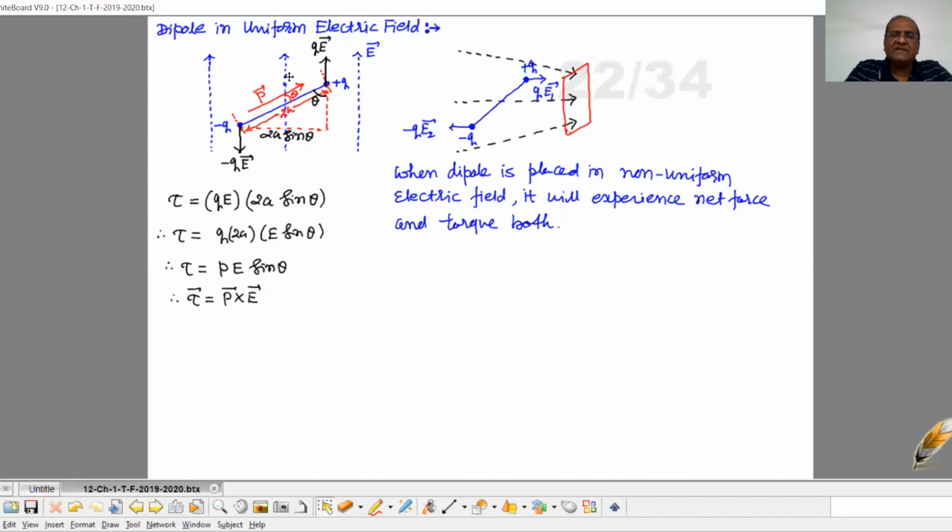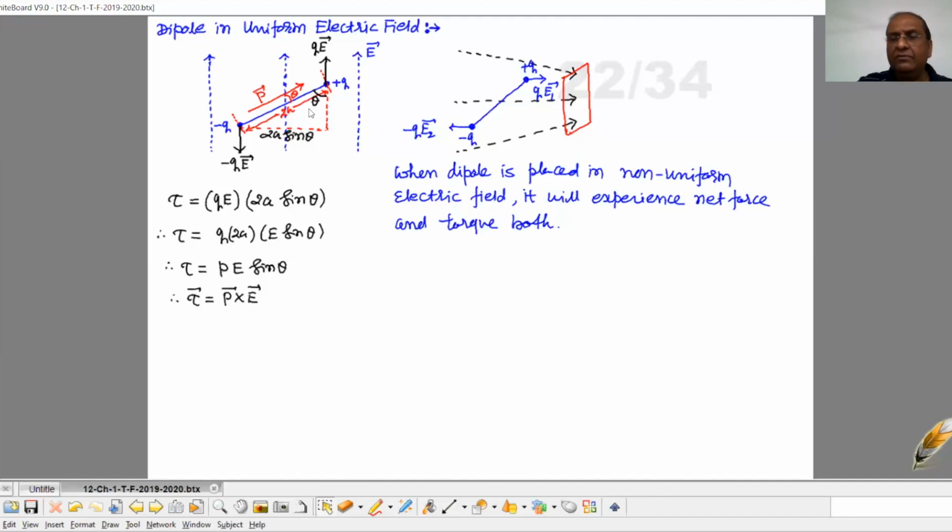Now suppose the dipole is placed in the uniform electric field at angle theta with respect to the field. Angle theta is considered between dipole moment and electric field.